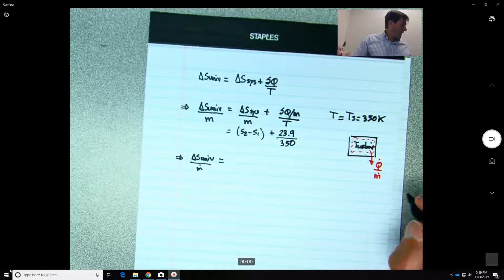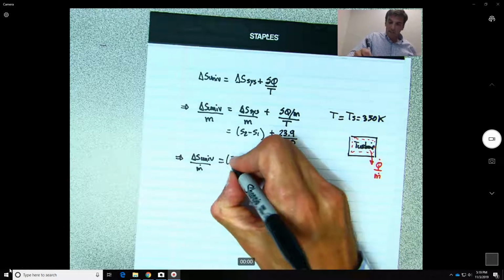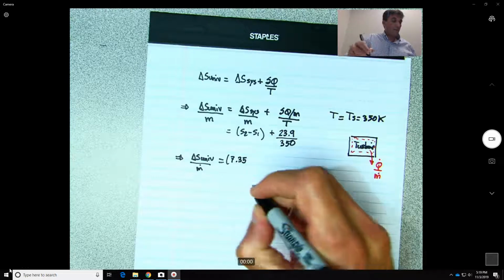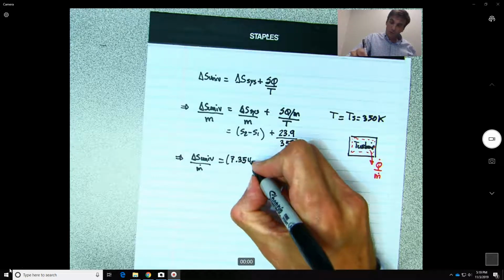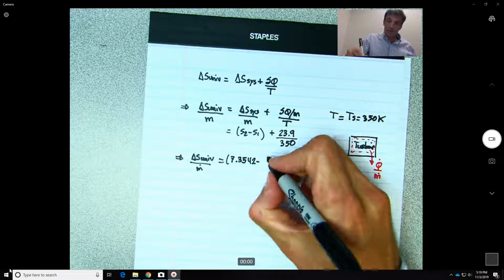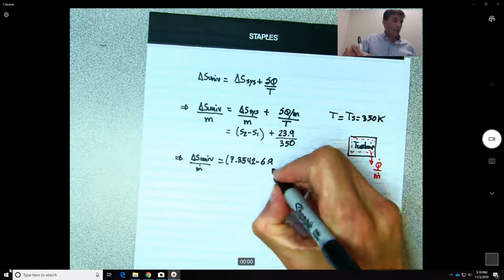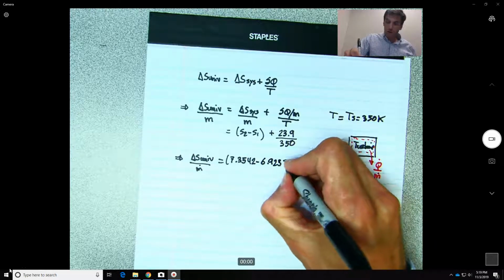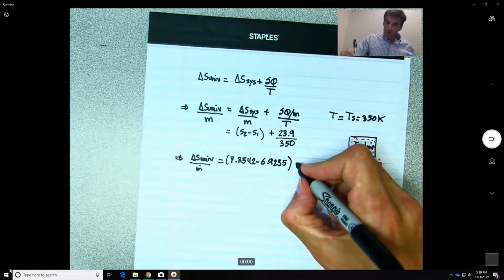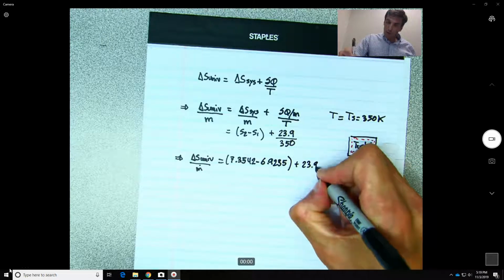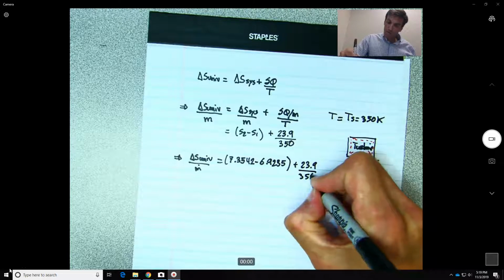S2 is equal to 7.3542 minus S1, 6.9235, plus 23.9 over 350.